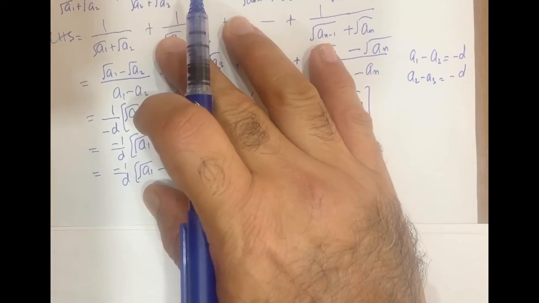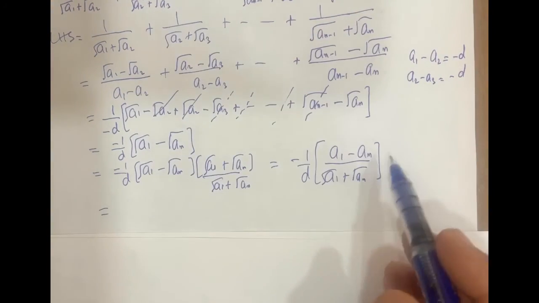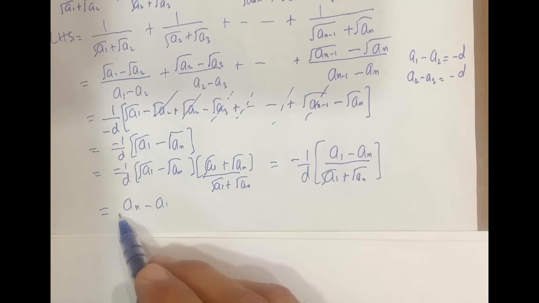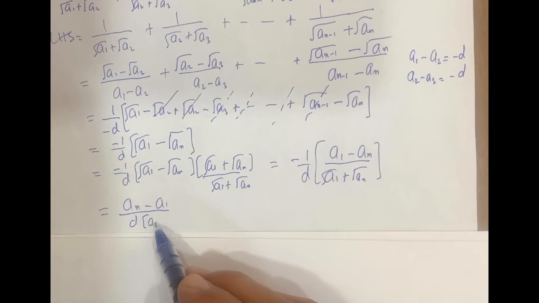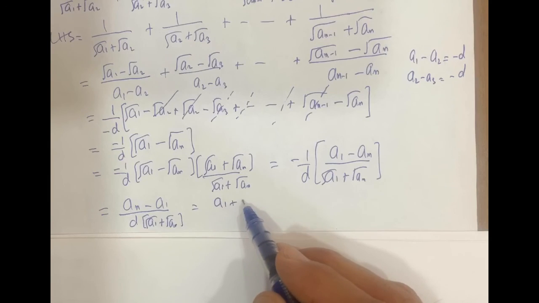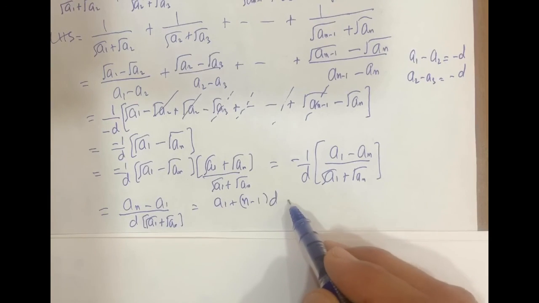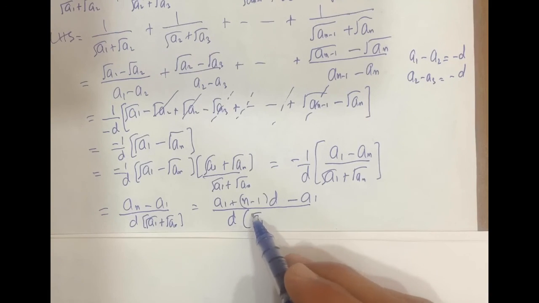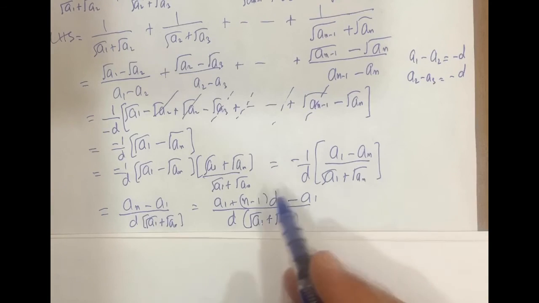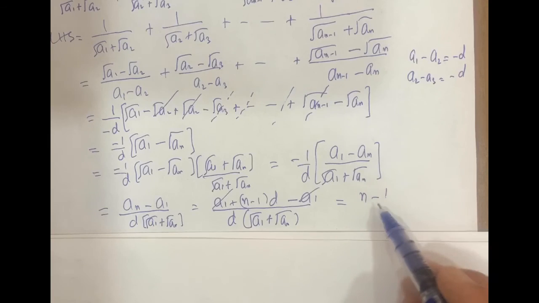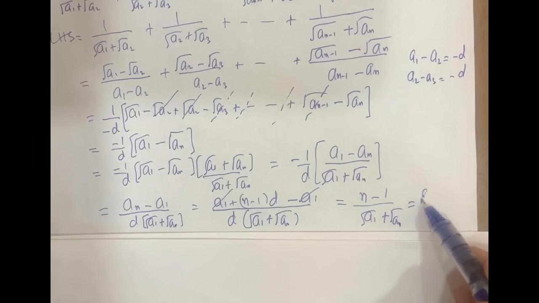And we write this by multiplying by minus 1: an minus a1 upon d into root of a1 plus root of an. And what is an? It's a1 plus n minus 1 into d minus a1, upon d into root of a1 plus root of an. d will cancel out with d. So we are left with n minus 1 upon root of a1 plus root of an, which is the same as the right hand side.